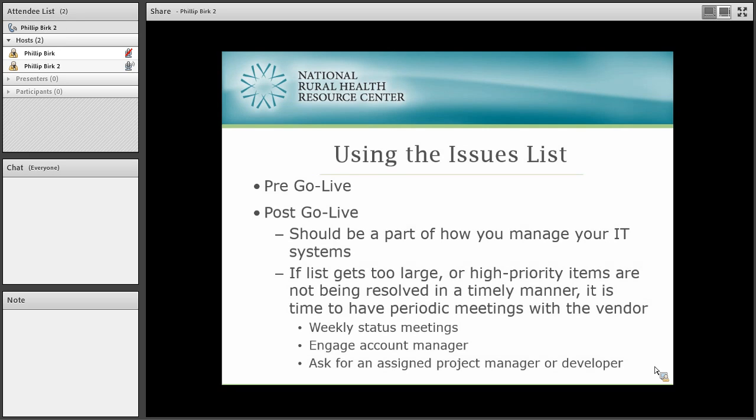Some EHR vendors work best when you submit tickets electronically. Some do best over the phone, but at least follow-up is usually best through that ticketing system. You get the information right from the horse's mouth. It's really a good way to go.